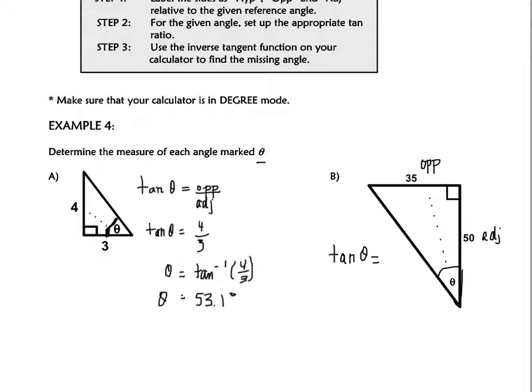So the tan of the angle is opposite, which is 35, over adjacent, which is 50, and that means now that our angle equals inverse tan of 35 over 50. And if you put that in your calculator, you get 34.99 degrees, or approximately 35 degrees is the measure of that angle.